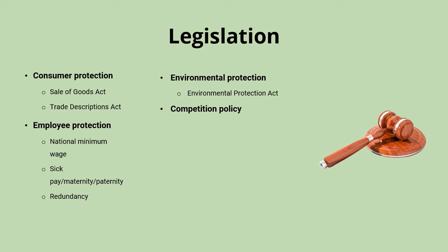Generally because they're going to start charging much higher prices in the absence of competition. So it's the role of the Competition and Markets Authority, or CMA, to investigate mergers, which could lead to excessive market power, and any situation really where you've got big businesses that might be exploiting consumers because of a lack of competition.